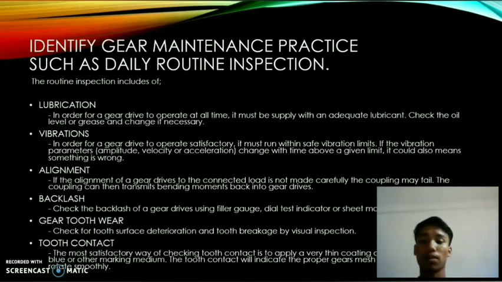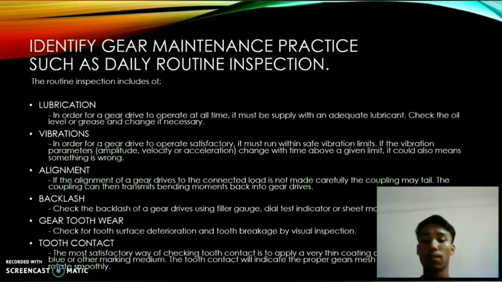vibration. Vibration is in order for a gear drive to operate satisfactorily, it must run within safe vibration limits. If the vibration parameters change with time above a given limit, it could also mean something is wrong. Next, the alignment.